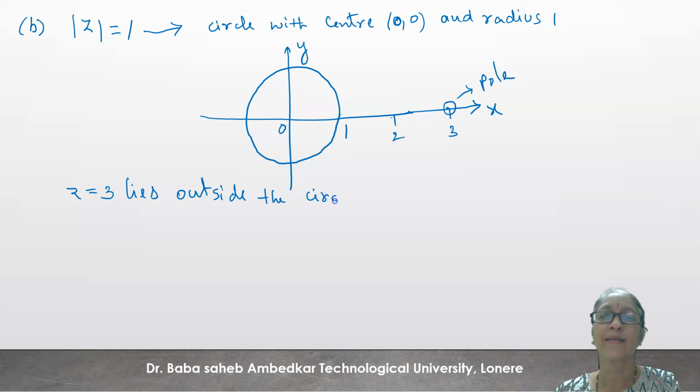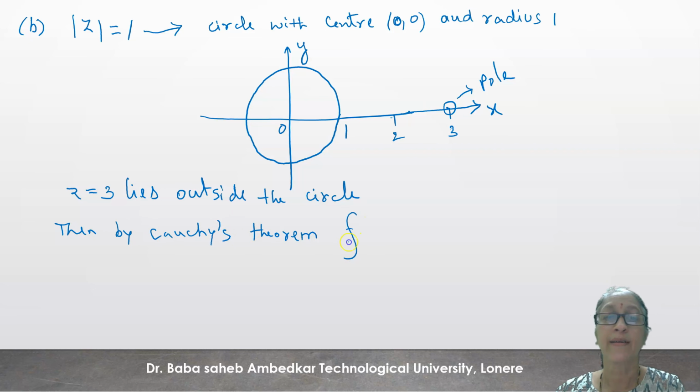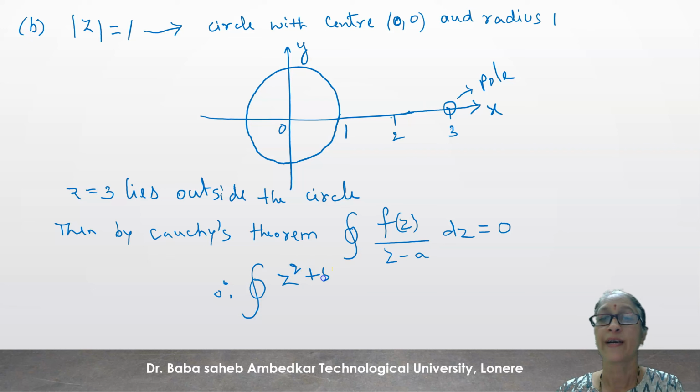Then by Cauchy's integral theorem, what do you get? Contour integral of f(z) by z minus a dz is 0. Therefore, contour integral of z square plus 5 upon z minus 3 dz is 0.